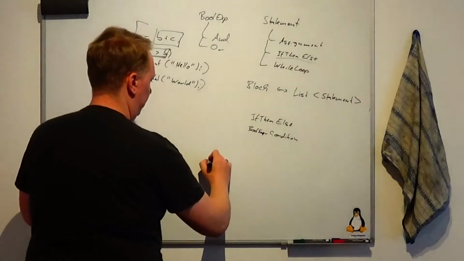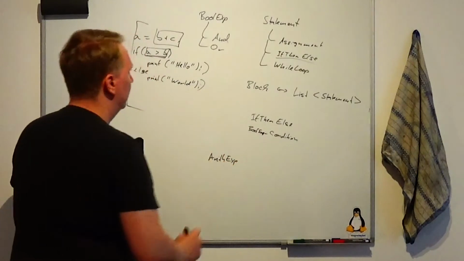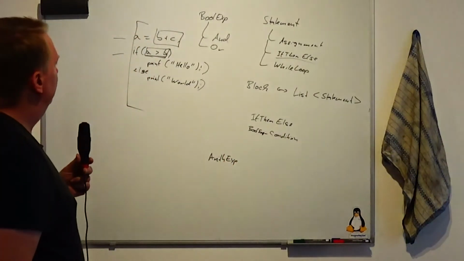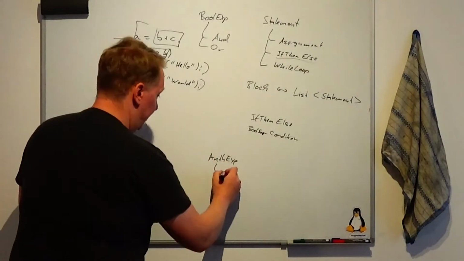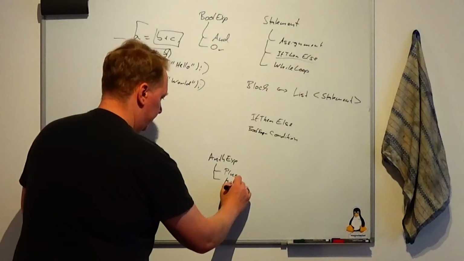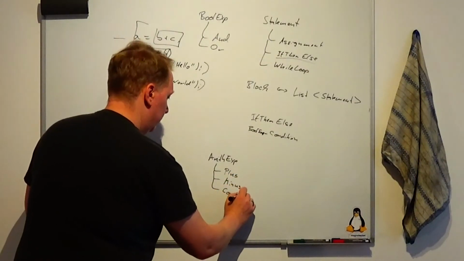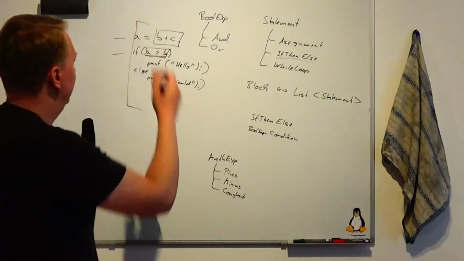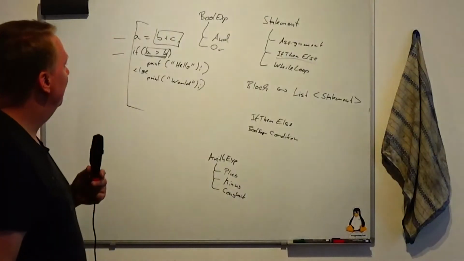This will have subclasses like a plus, a minus, a constant, like a equals 5, for example. You need some way to represent a constant.